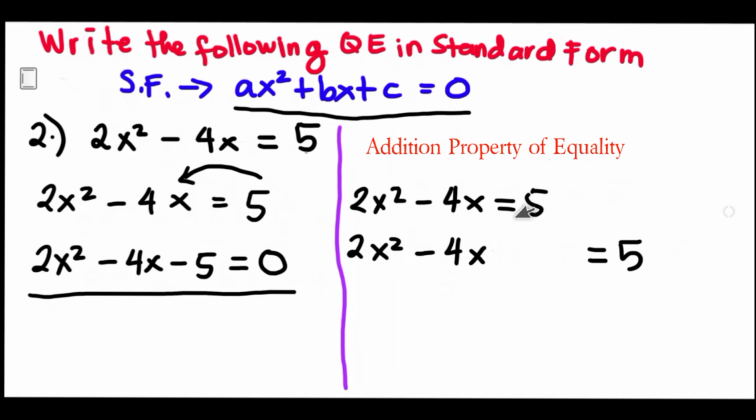Ano ba ang kabaligtaran ni positive 5? It is negative 5. So, mag-add tayo ng negative 5. Using addition property of equality, dapat, kung ano yung in-add mo sa left side, ganun din dapat sa right side. So, kung negative 5 yun, dapat negative 5 din to.